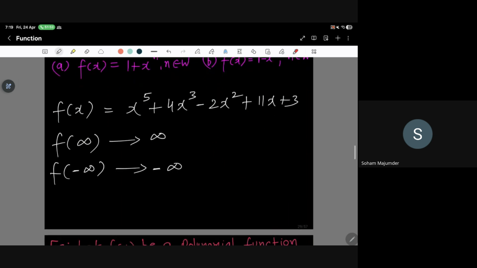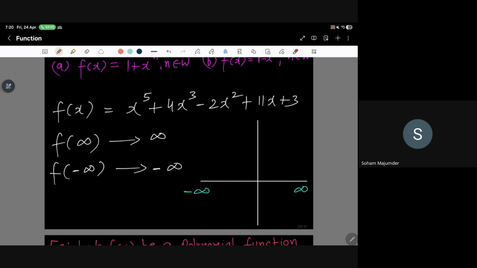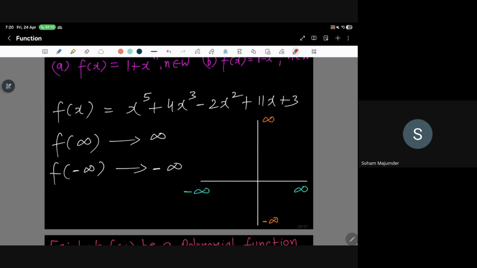So this must be the kind of graph we will get. x is from minus infinity to plus infinity, and y is infinity here, minus infinity here. When x is plus infinity, y is also plus infinity, so you are somewhere here towards infinity.